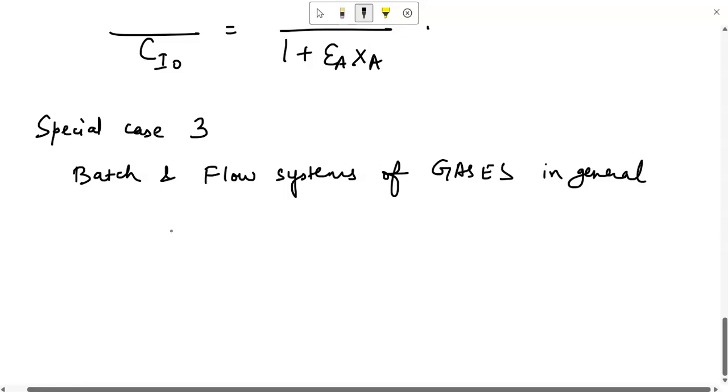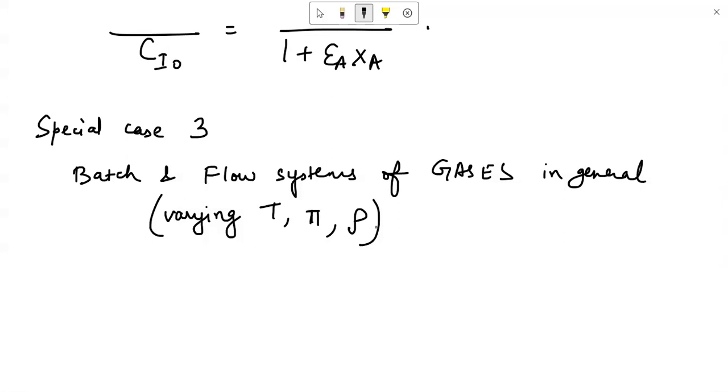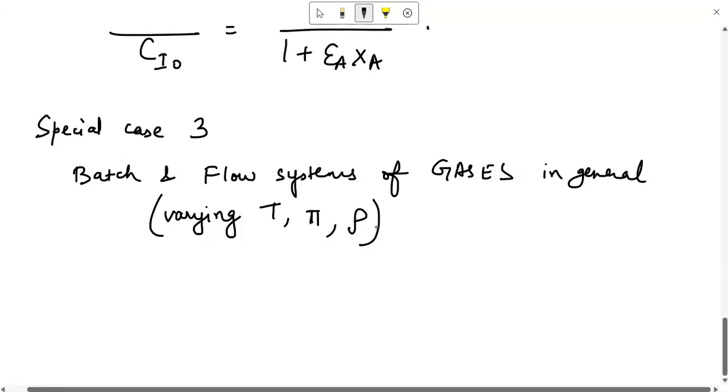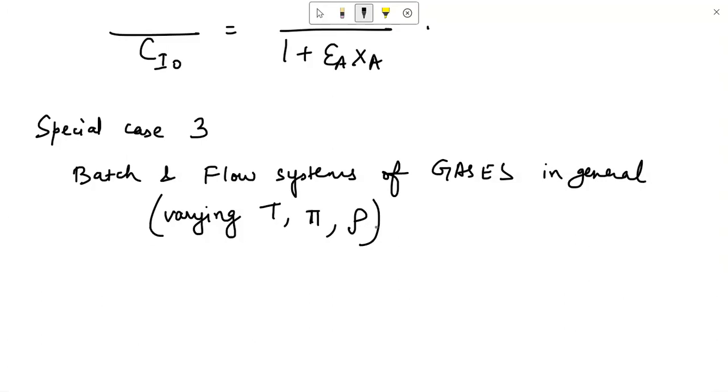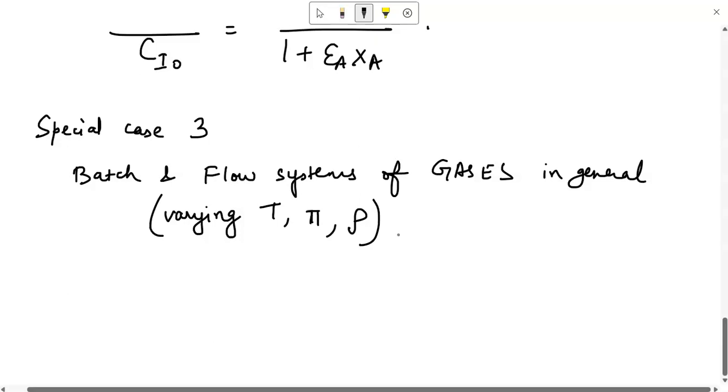That means we have varying temperature, total pressure, as well as density. Okay, so the previous case was density was changing, but temperature and total pressure were constant. But in this special case 3, we have all three main parameters, that is temperature, total pressure and density varying. So what will happen in this case?